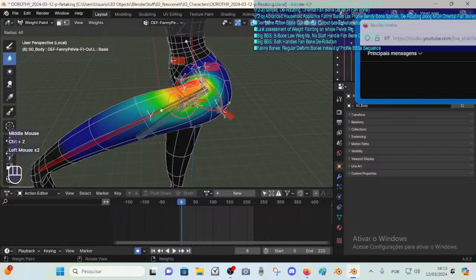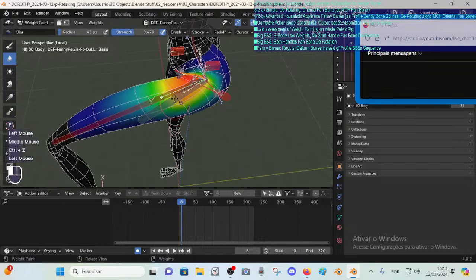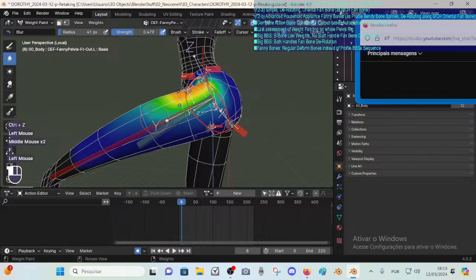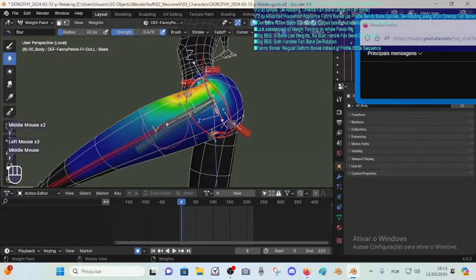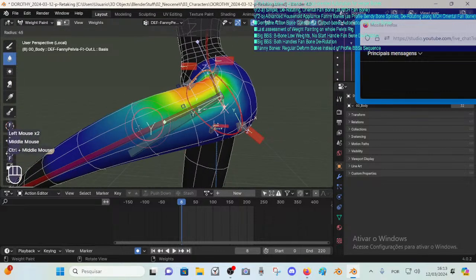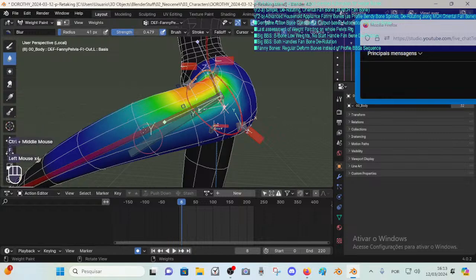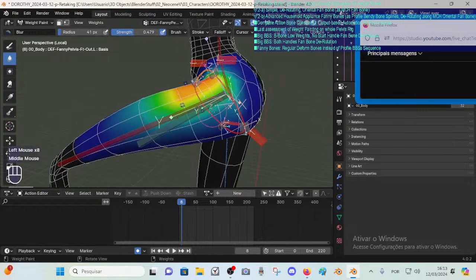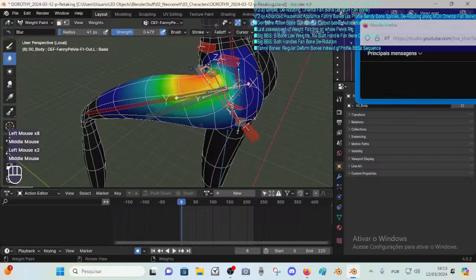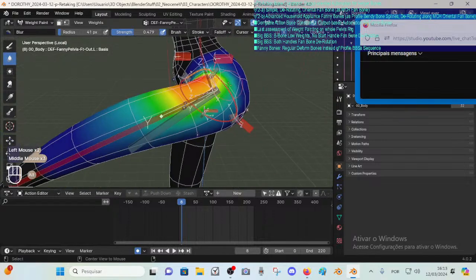Too much blur there. This doesn't seem to be blurring. Alright, and then last one.